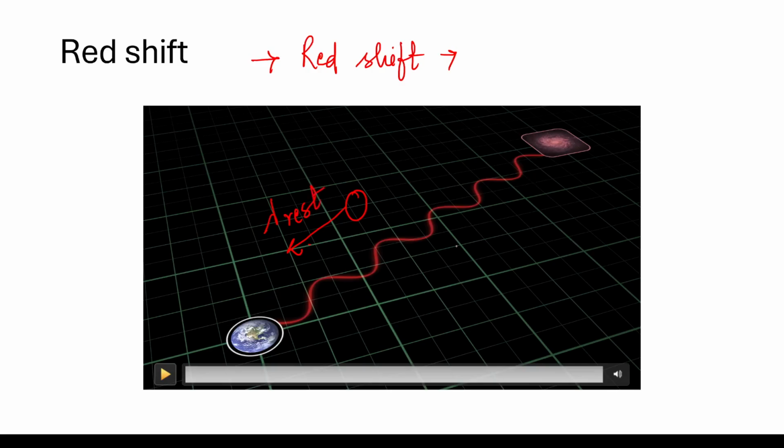When it starts moving away from us, we do not get this wavelength, we get some apparent or observed wavelength. Because observed wavelength is greater than the rest wavelength, whenever the wavelength increases, we call it redshift by Doppler's effect. And because a redshift has happened, that means the star is moving away from us.